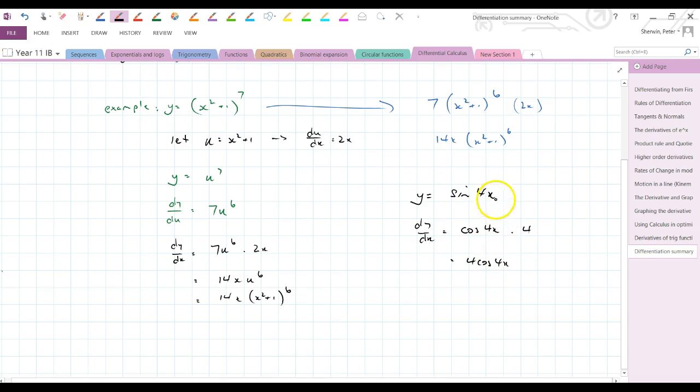That's because we let u equal 4x, so our du/dx is equal to 4. We then get y equals sine u, so my dy/du is cos u, so I end up with cos u times 4, or 4 cos u. Subbing u equals 4x back in, we get 4 cos 4x. That happens with all our differentiation rules.